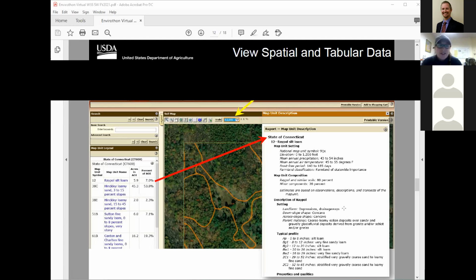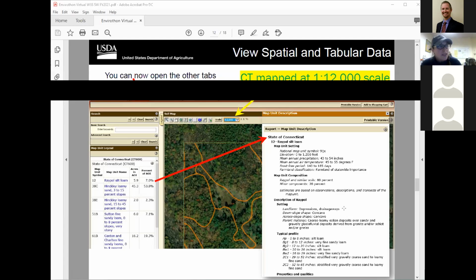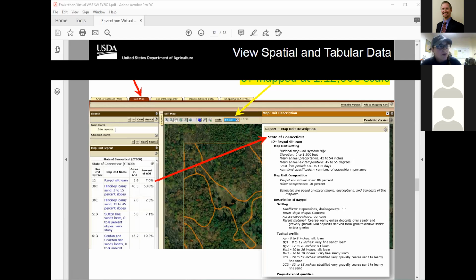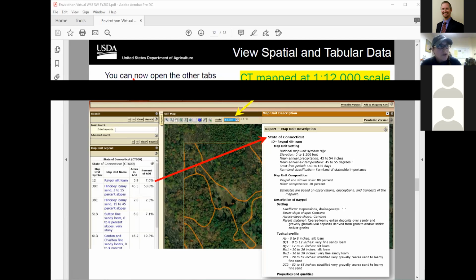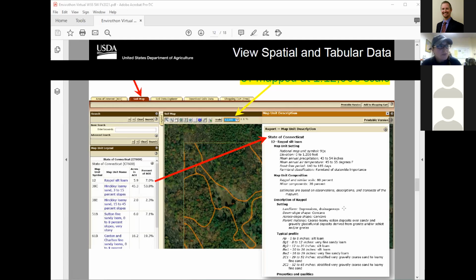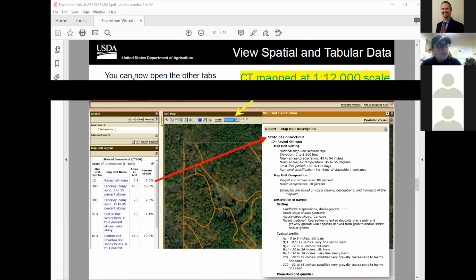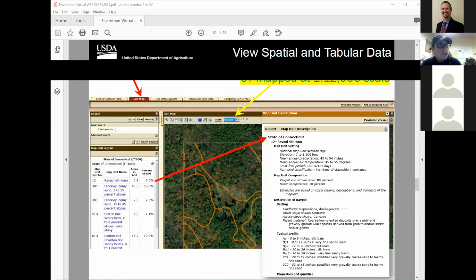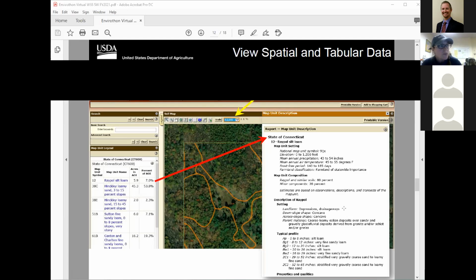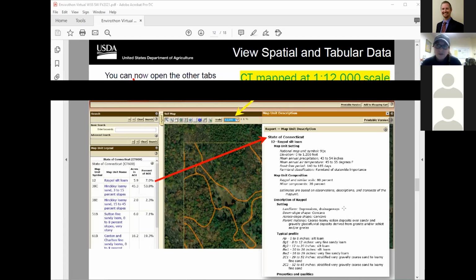I wanted you to list one of the landform types where the Rapel series is found. So if I look under the map unit description, I go down to setting, there's actually a landform column there, and it lists depressions and drainage ways. That's where Rapel soils are found.